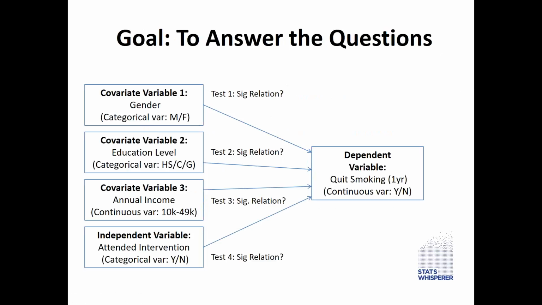Annual income and quitting smoking? And is attending the intervention associated with a higher rate of quitting smoking after 1 year? That being our independent variable, our variable of interest. The other covariates we think will have an impact on quitting smoking, so we want to control for their effect, but they are not the variables of interest.